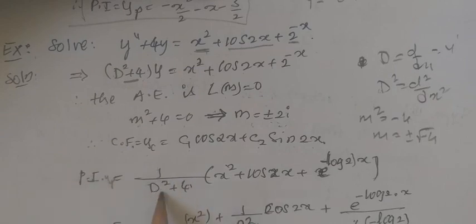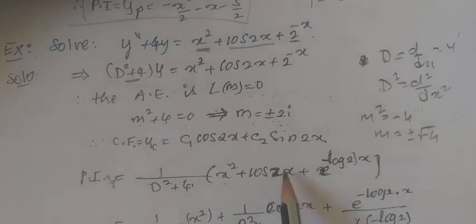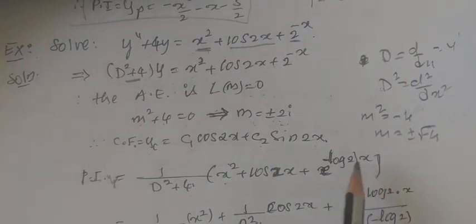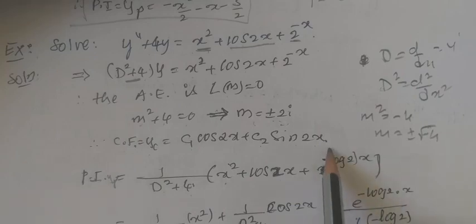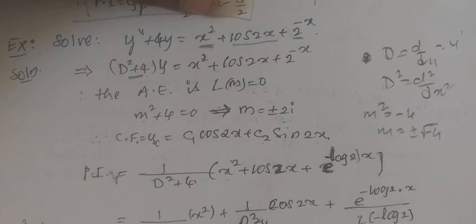Therefore, 1 divided by D² + 4 of L(D) of x² + cos 2x + 2^(-x). This 2^(-x) is not in the standard form, so rearranging using the basic definition of logarithmic function, you can write this as e^(-log 2 · x), so that it reduces to the first type, e^(ax) type.